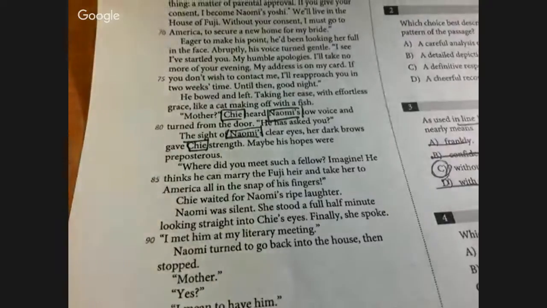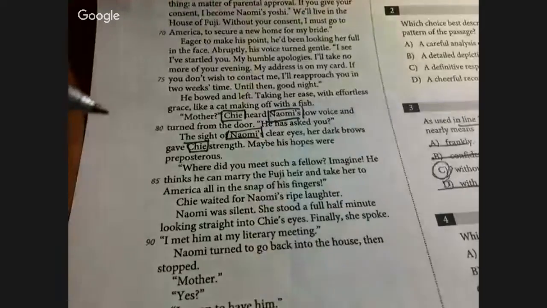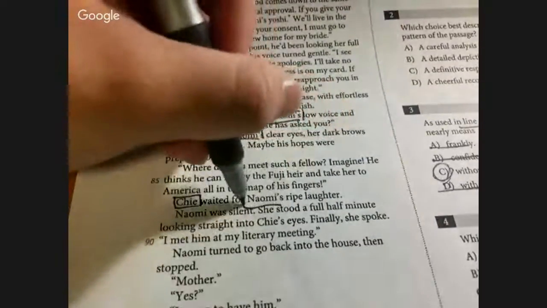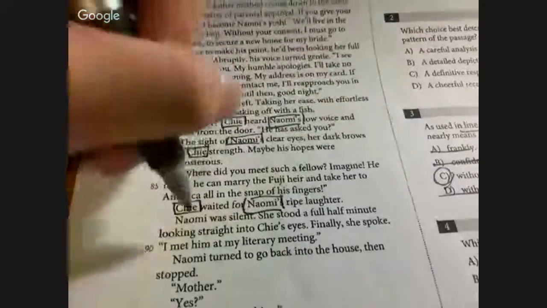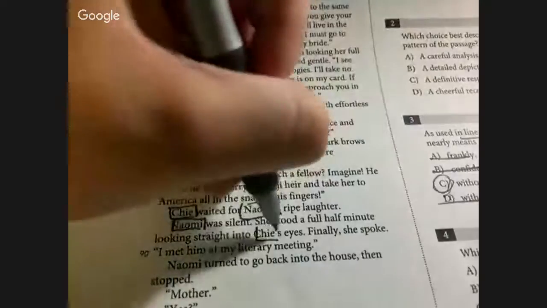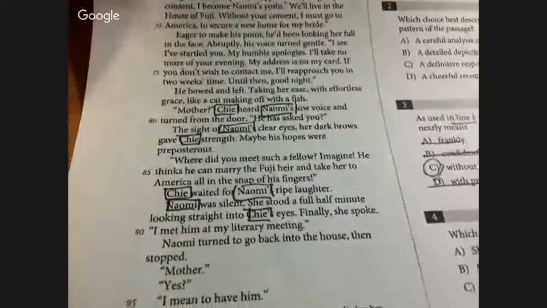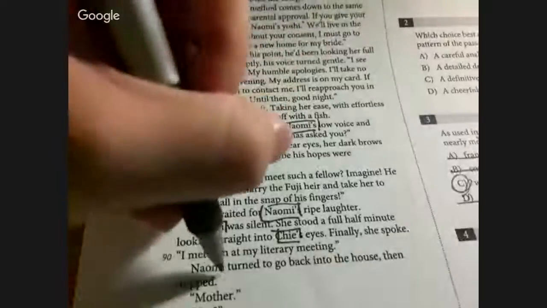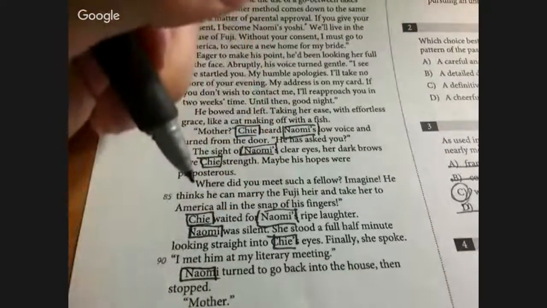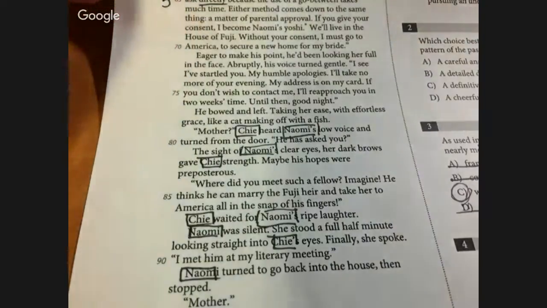Imagine, he thinks he can marry the Fuji heir and take her to America with all in the snap of her fingers. Chie waited for Naomi's ripe laughter. Naomi was silent. She stood a full half-minute looking straight into Chie's eyes. Finally she spoke. I met him at a literary meeting. Naomi turned to go back into the house, then stopped. Mother? Yes? I mean to have him.